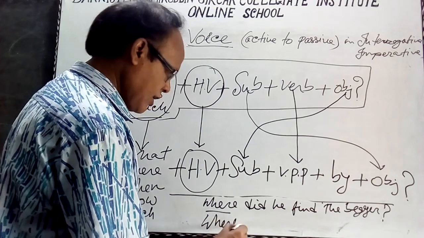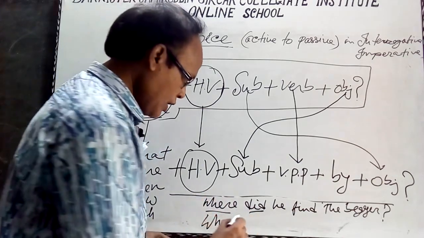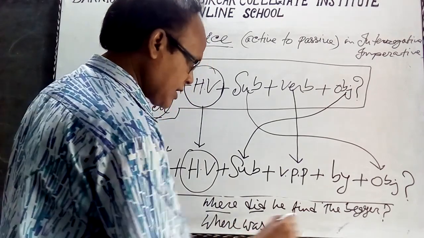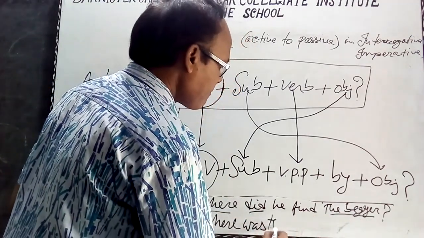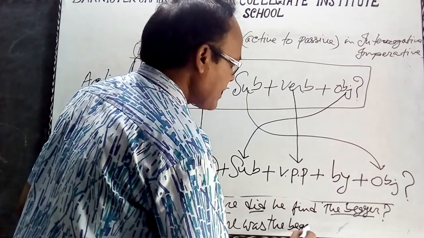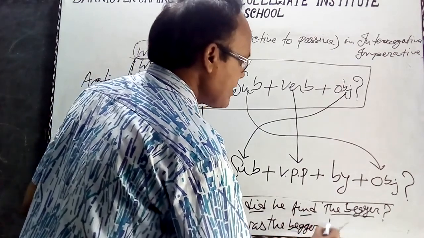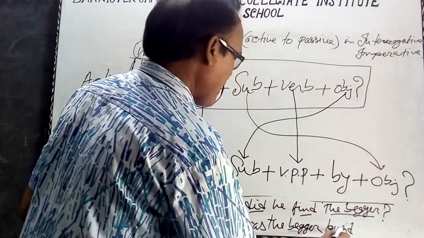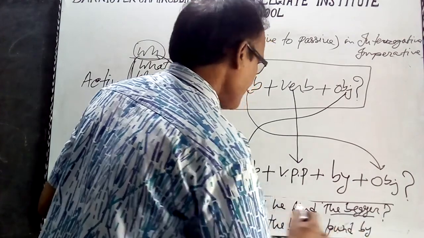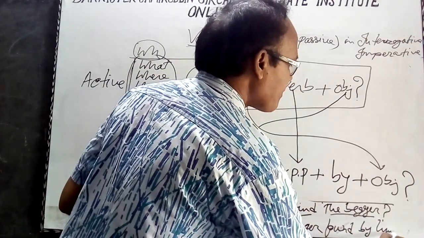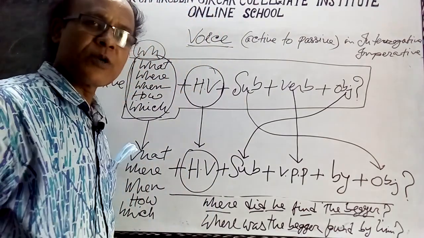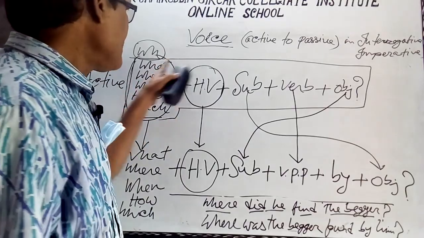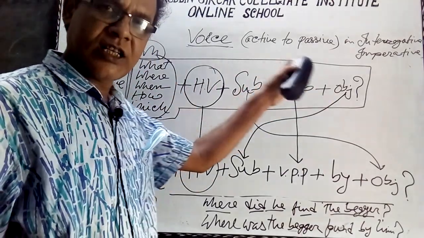This is a WH word. Did is past indefinite, so we know the past indefinite helping verb was. Where was the beggar? Find will be in the past participle form, found. Where was the beggar found? By he will be by him. And note of interrogation. This is the form of passive voice, active to passive in the interrogative sentence.